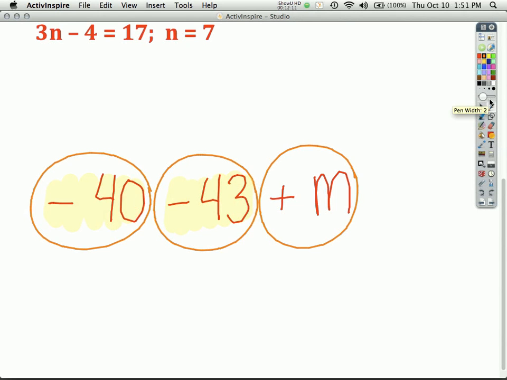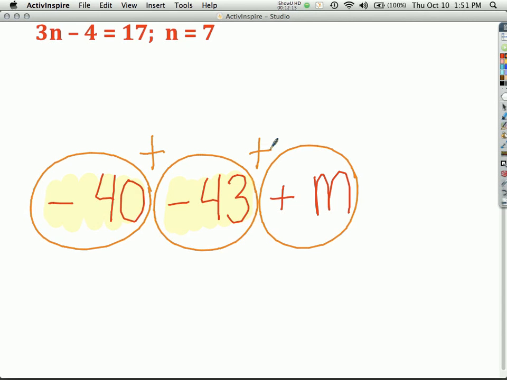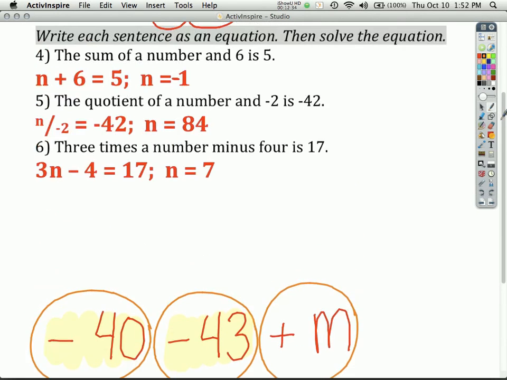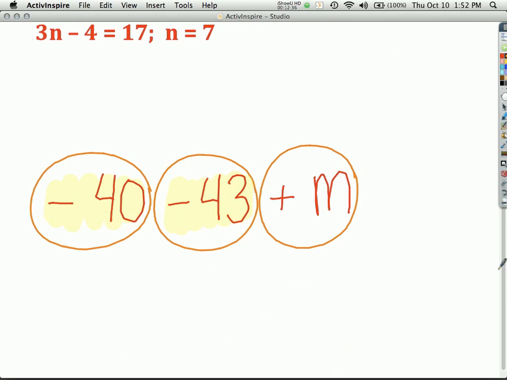When you bubble something up, this is in your brain. You don't have to write it in, but you're supposed to know it in your head. If you don't, that's a big problem. Everything is being added. So that really means negative 40 plus negative 43 plus n. So that is why we get m minus 83, because negative 40 and negative 43 is negative 83.